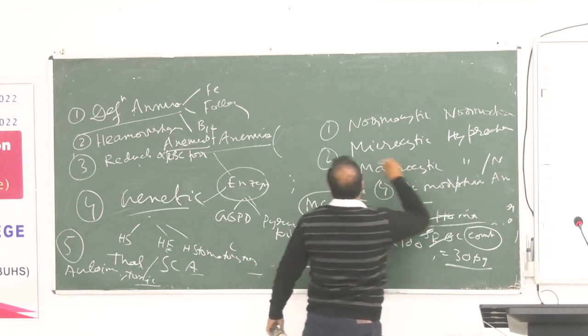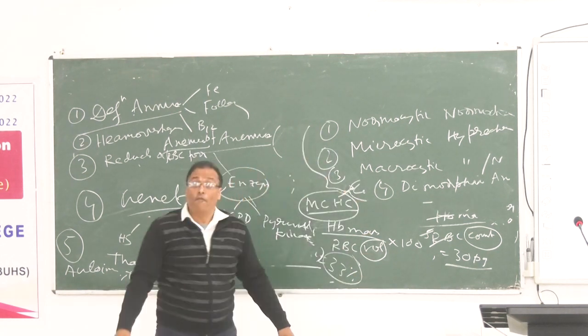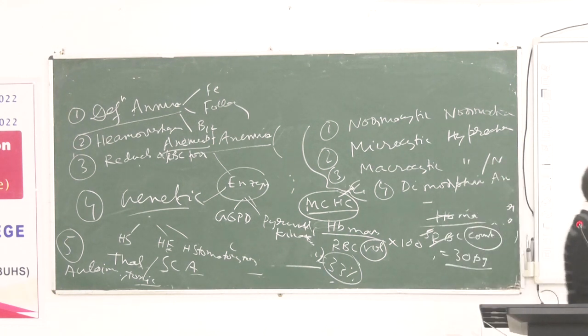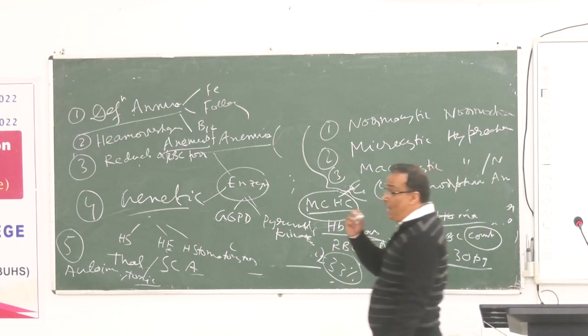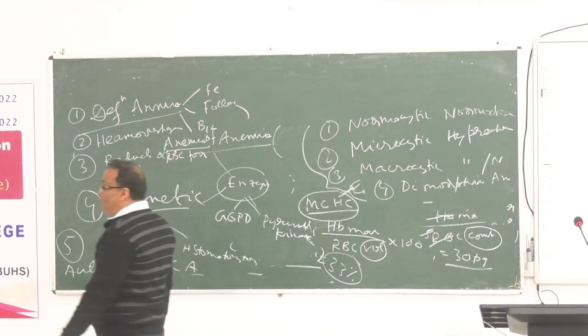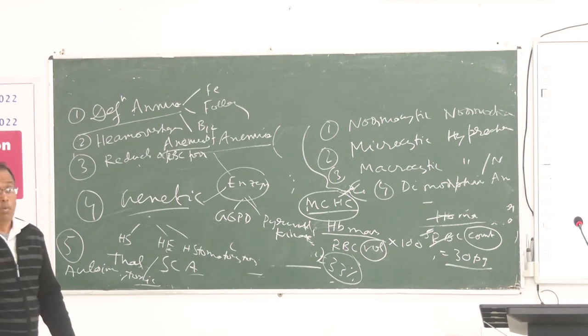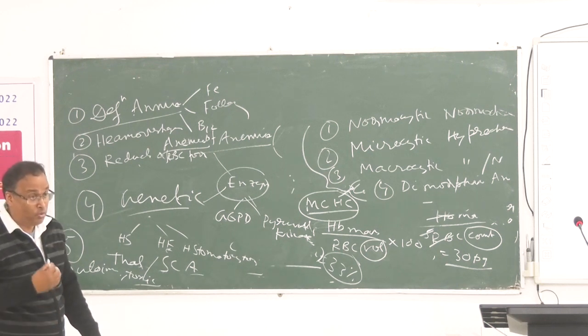So these four are the morphological classifications. Morphological classification is based on hemoglobin, MCV and MCHC. MCV means volume of one RBC, and MCHC means amount of hemoglobin present per unit volume of RBC, not count.